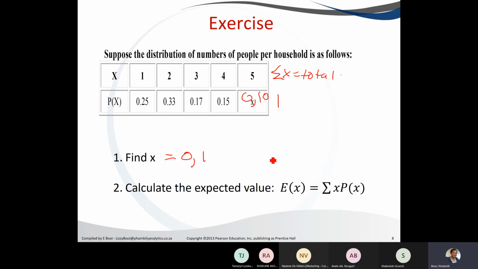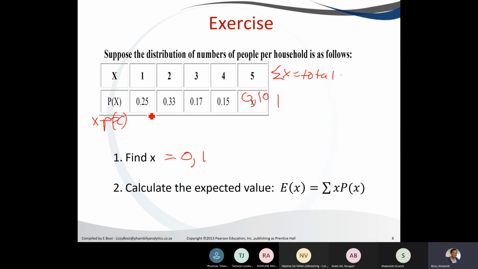To calculate this expected value, we can multiply the values. So I can just do x times px. X times px will give me the x multiplied by its corresponding probability.